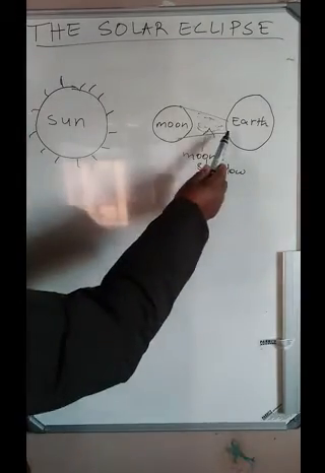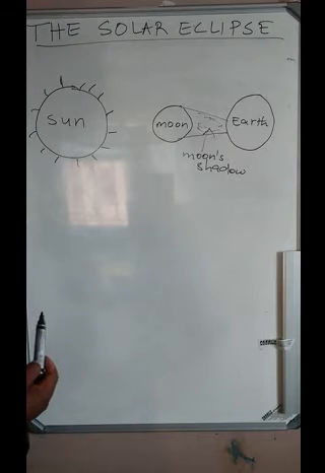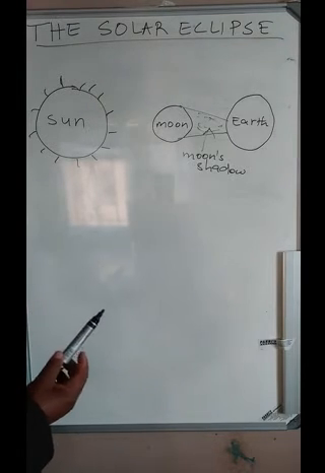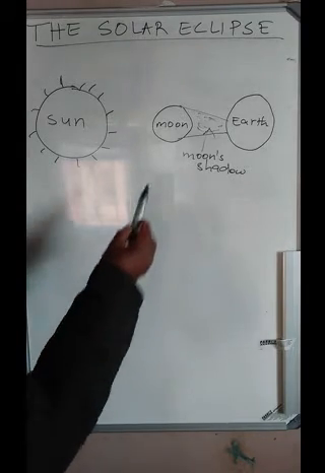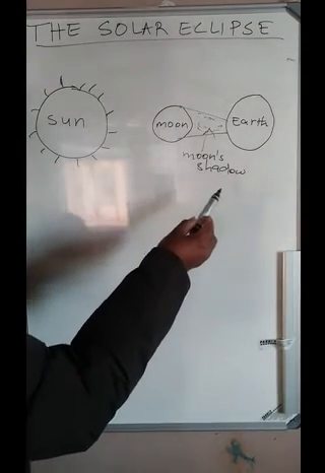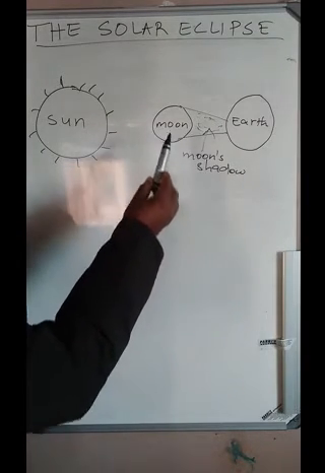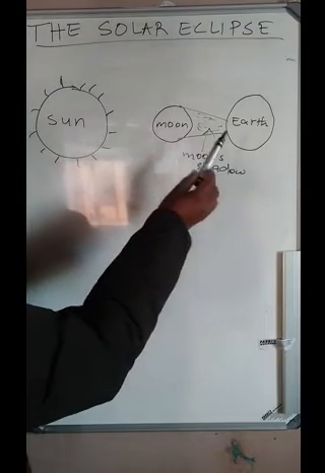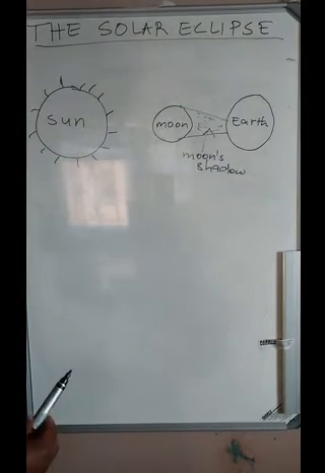So people on earth see the sun becoming dark. It only happens for a few minutes because, as I've said, the moon is moving. So once the moon is no longer in a straight line with the sun and the earth, we see the sun again.